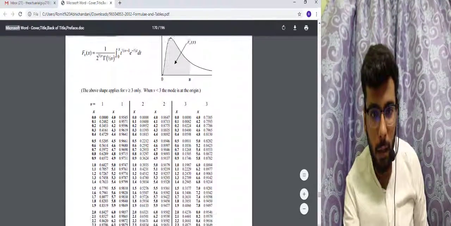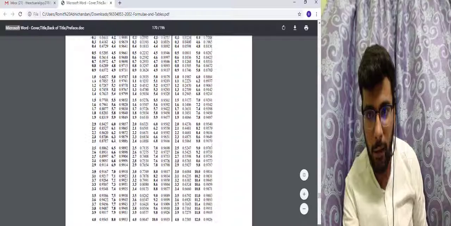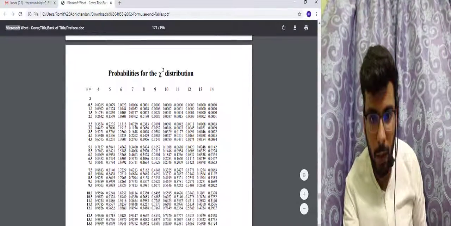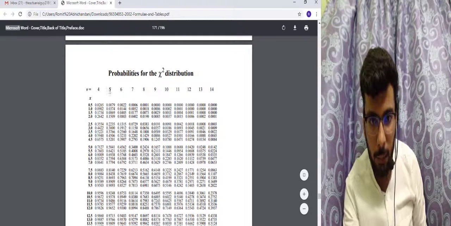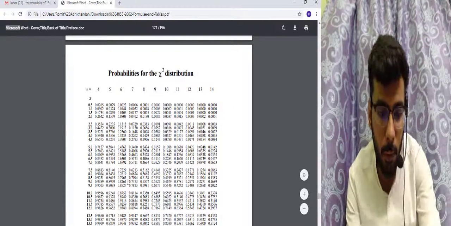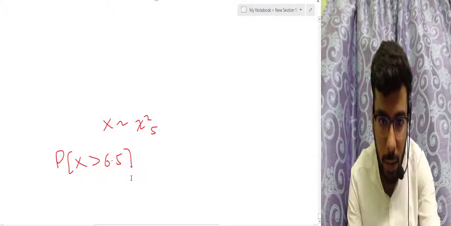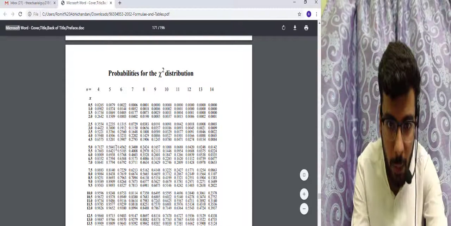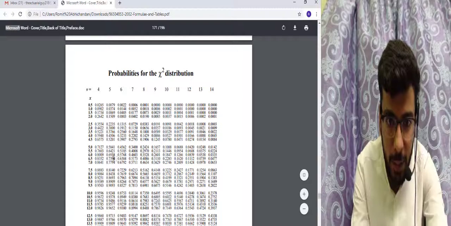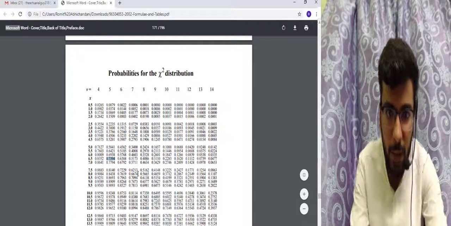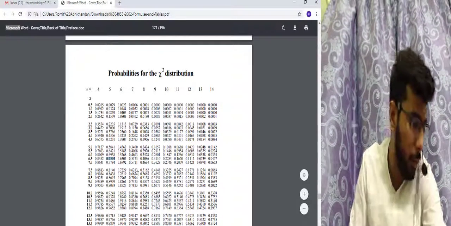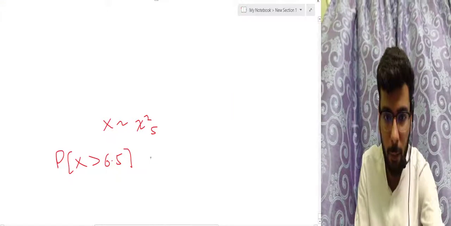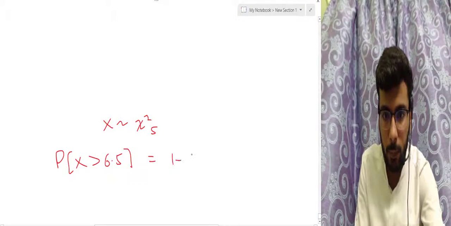Now you have to go for chi-square 5. Which probability do you want to find? Greater than 6.5, right? So for 6.5, chi-square 5, the value is 0.7394, but this is the less than probability, so the greater than probability would be 1 minus 0.7394.